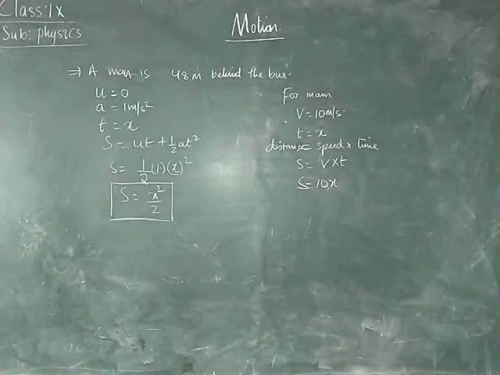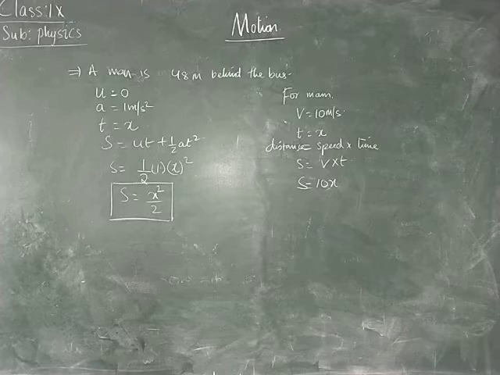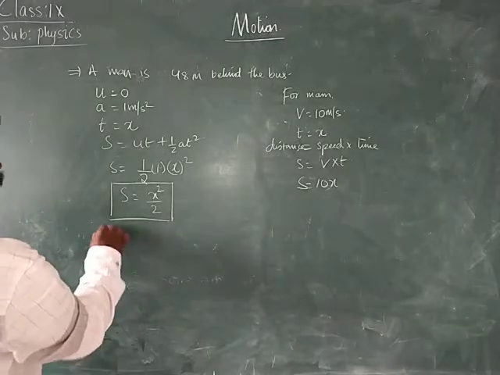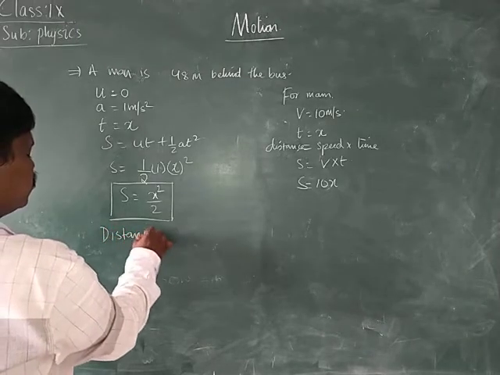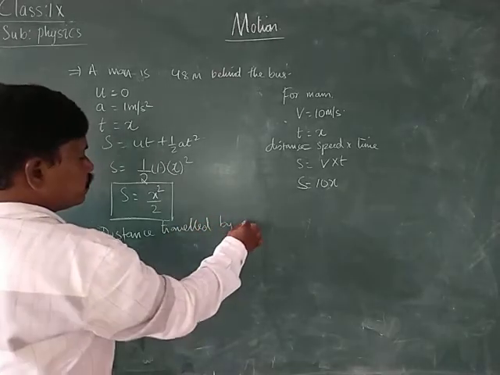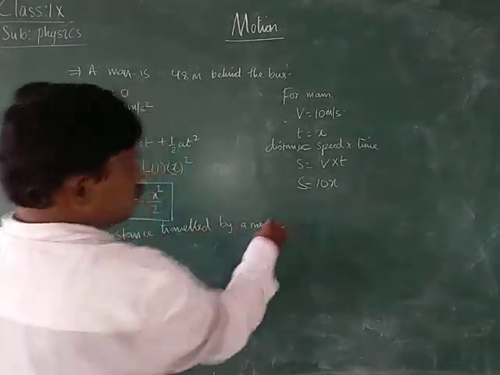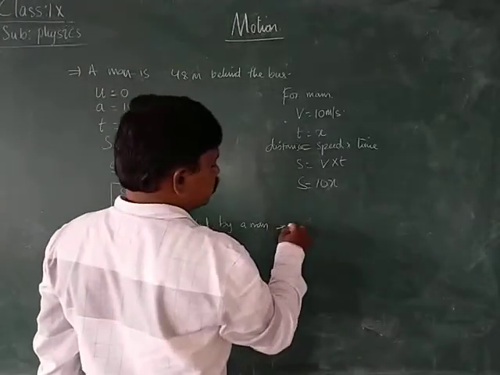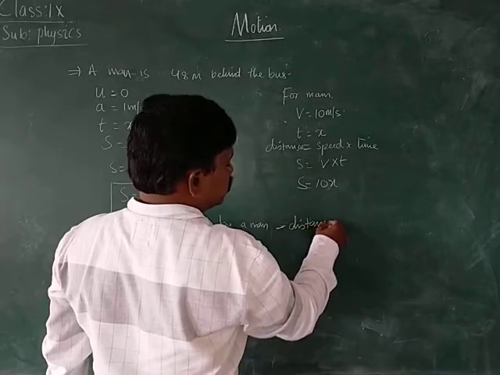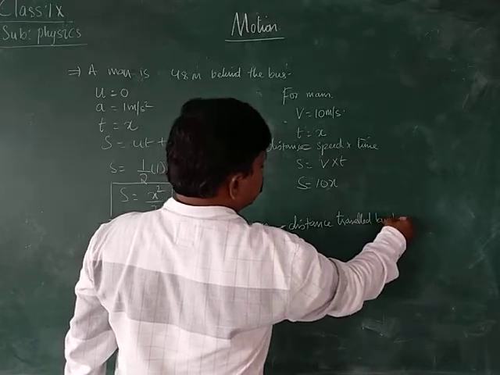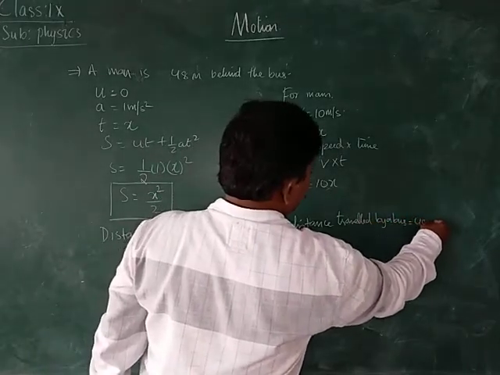Now look here. The distance traveled by the man minus the distance traveled by the bus is equal to 48 meters.